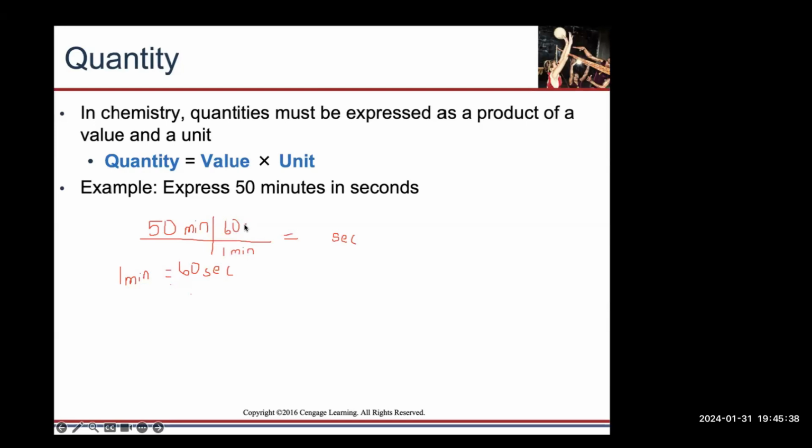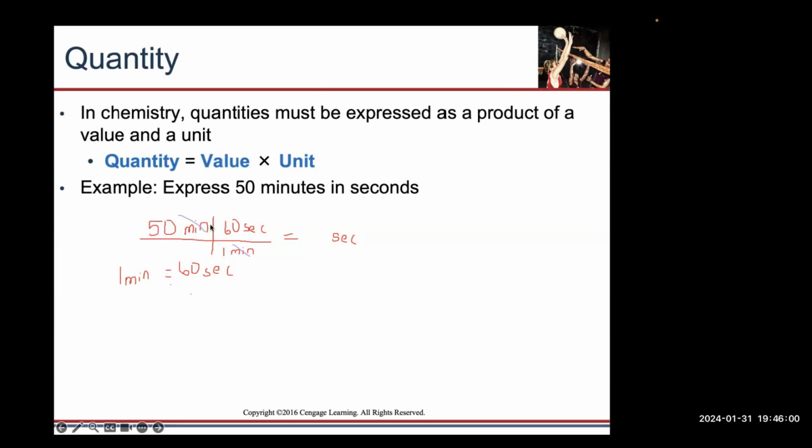So on top, I'm going to put 60 seconds because that's the one that is a priority. So then my minutes are going to be able to cancel out, and then I'll just be left with seconds. So then I'll just multiply.